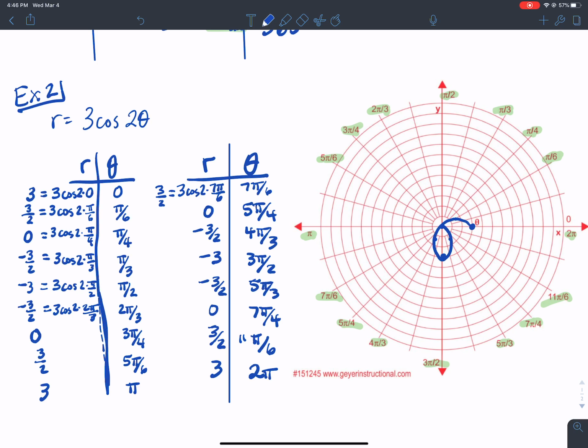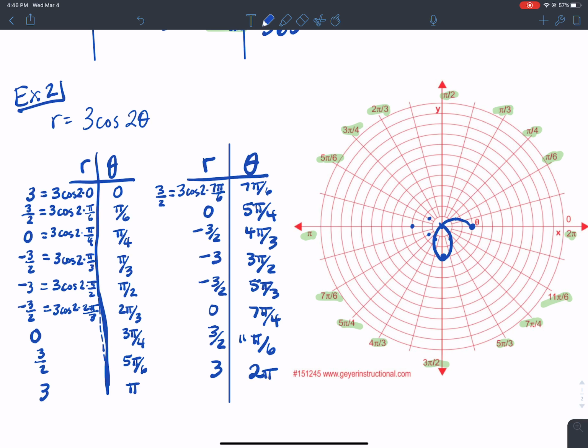All right, we left off at 5 pi over 6. At 5 pi over 6, it goes to 1.5. And at pi, we're out at 3. 7 pi over 6 was at 1.5. And then at 5 pi over 4, it's back to 0.